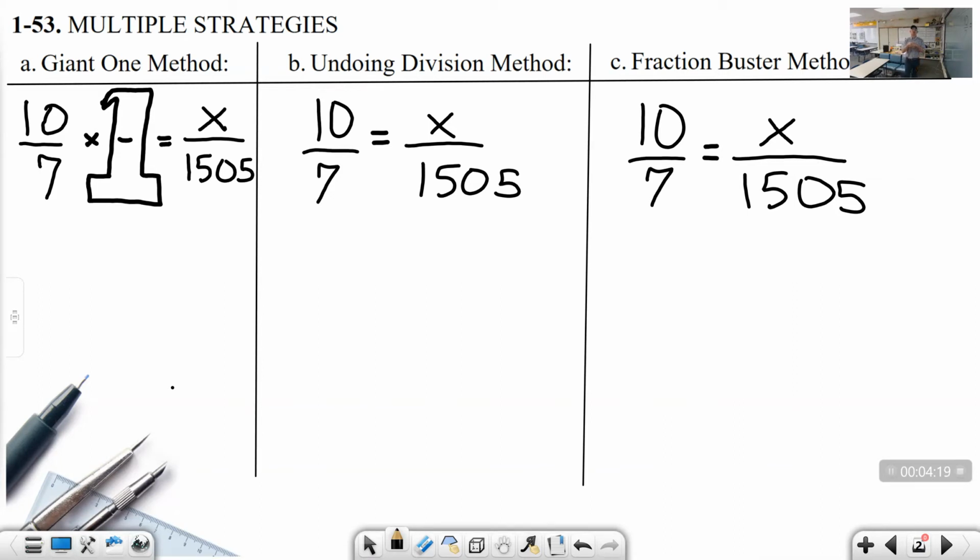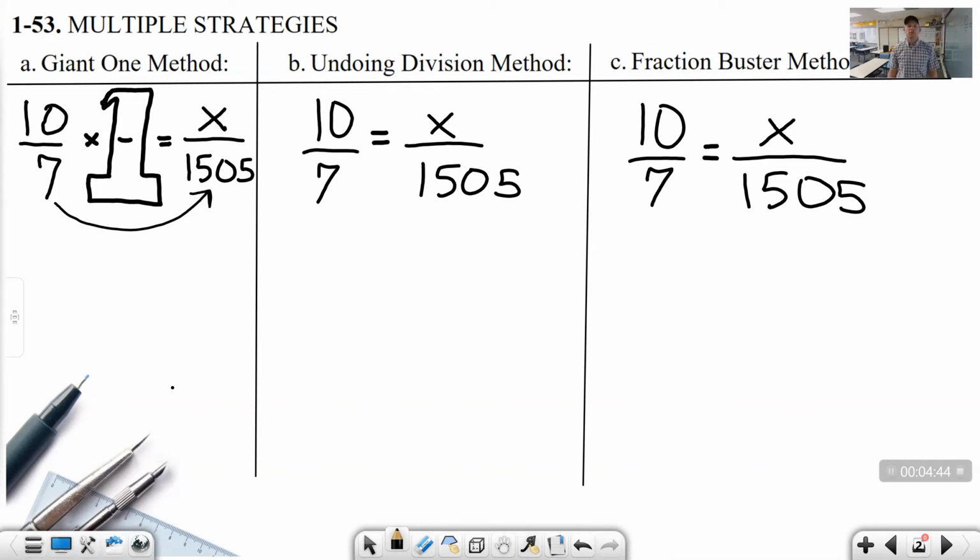The first thing is called the big giant 1. Okay? The big giant 1 is using this multiplication strategy, and usually it happens with smaller numbers, and you'll see in our examples in a minute, but the giant 1 is, what do I need to multiply 7 by to get to 1505?